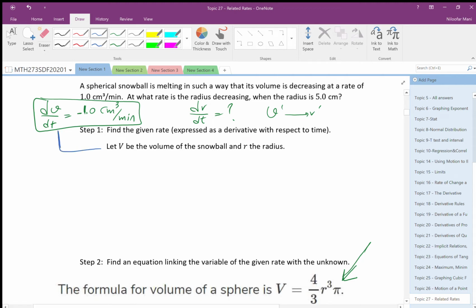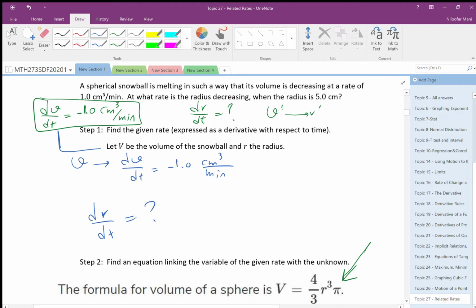V is volume, then I have dV over dt is this centimeter cubed per minute. Even I don't need to put minus, but I have to remember it's decreasing. And I want to find dr over dt. This is my question now.